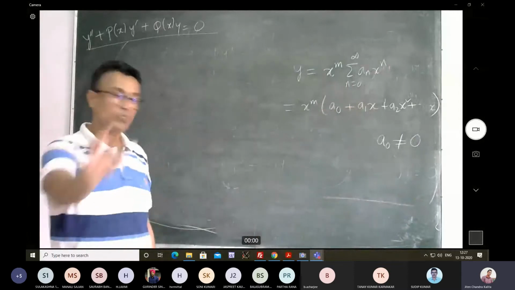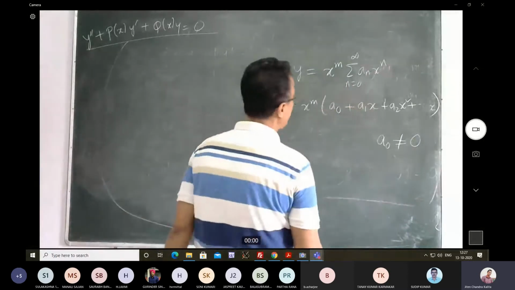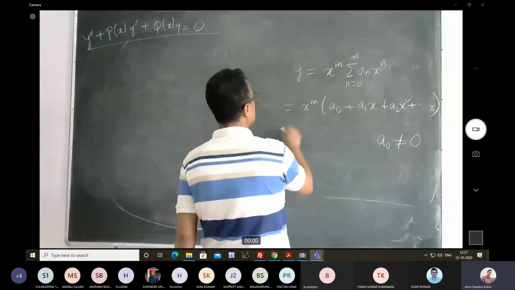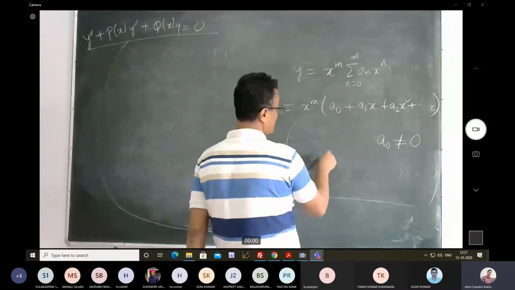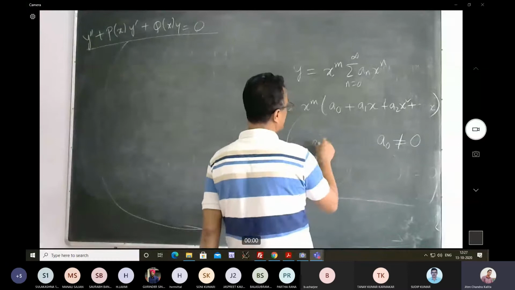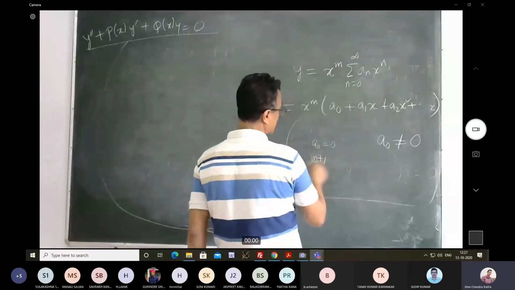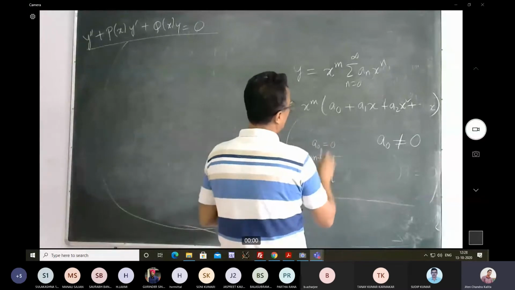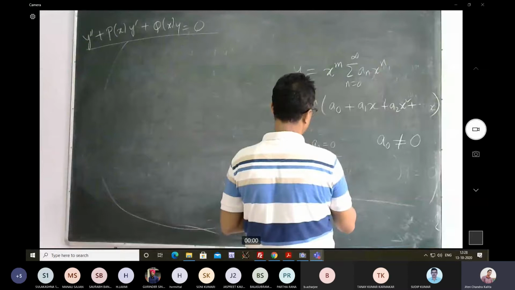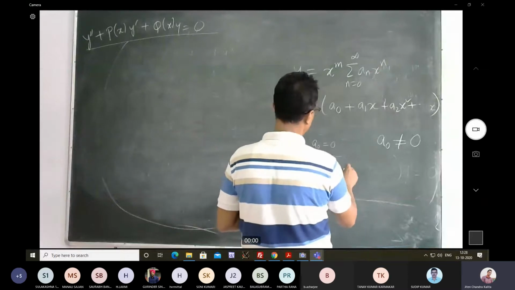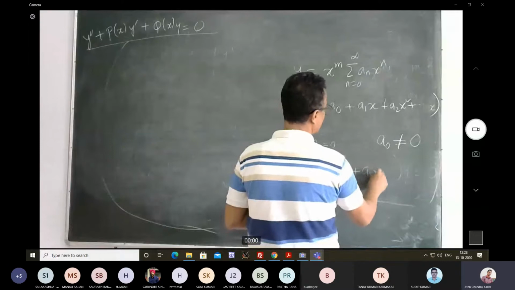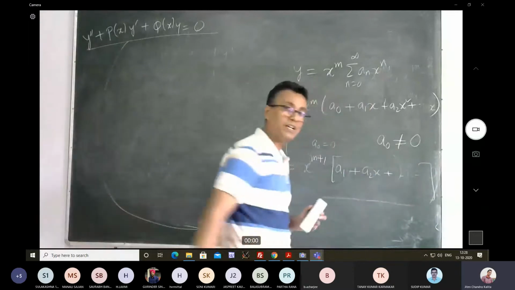Why that is so is probably obvious to you. If A naught were equal to 0, this could have been, you don't have to write it down, A1 plus A2 x and so on, right?